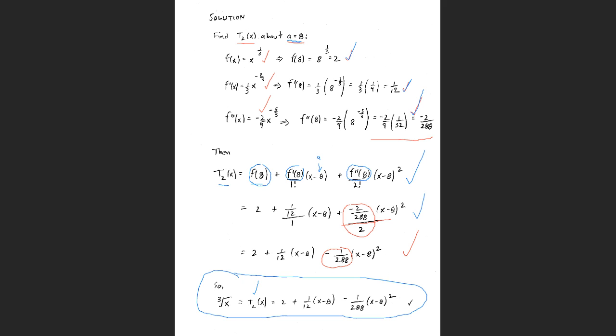Now, depending on what your x value is, this could be a very bad approximation, right? The cube root of x could be approximated very badly by this second degree Taylor polynomial, depending on what the x value is.